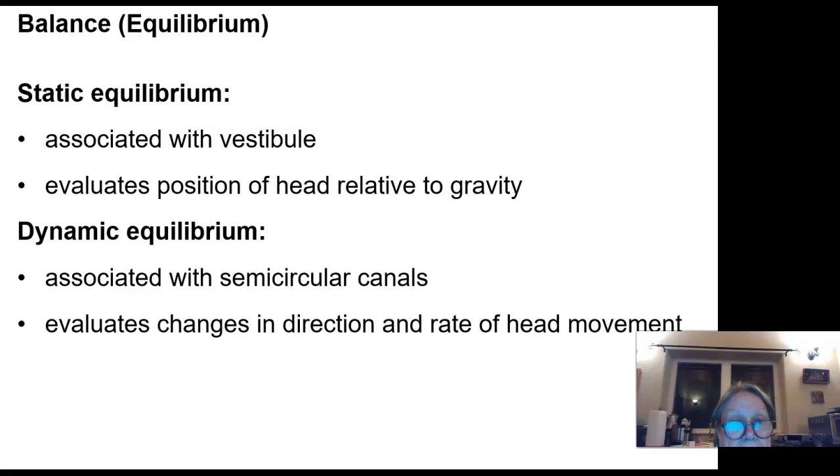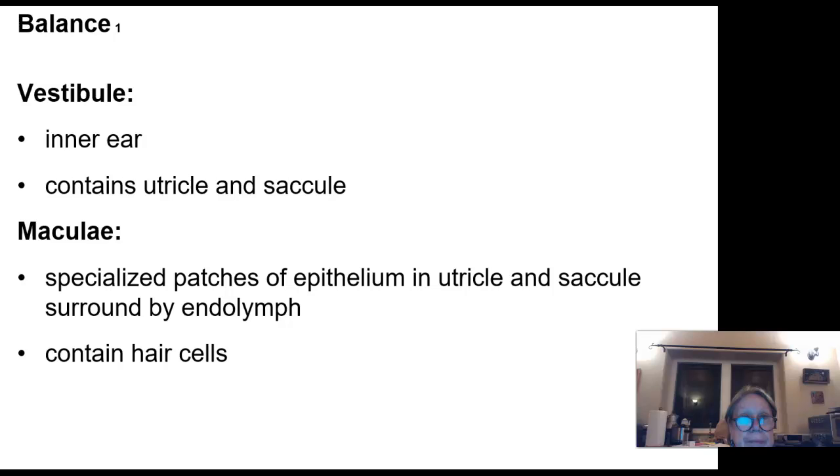So anyway, dynamic equilibrium is associated with the semicircular canals, and it evaluates the direction and rate of head movement. Do you go side to side, up and down? This all happens in the inner ear, in the vestibule because of the fluid, and the maculae because they contain the hairs.